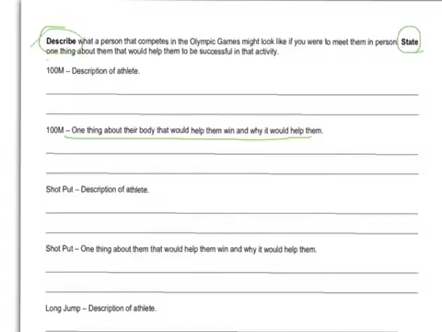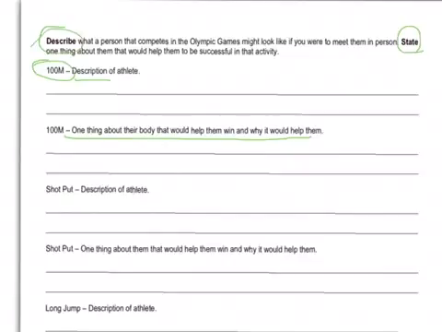So in this first section here, you're going to give your description of the athlete. So you might say the 100-metre sprinter is tall, they're muscular, okay? They've particularly got strong leg muscles. And then one thing about their body that would help them win and why it would help them.